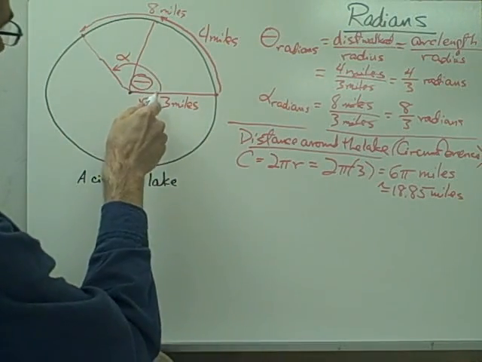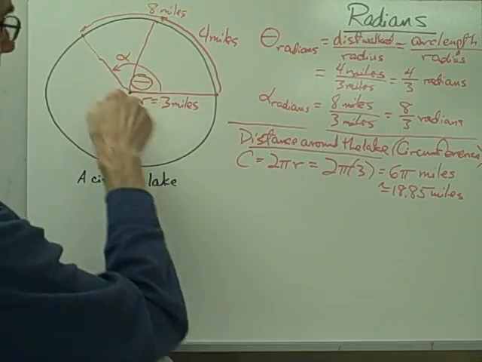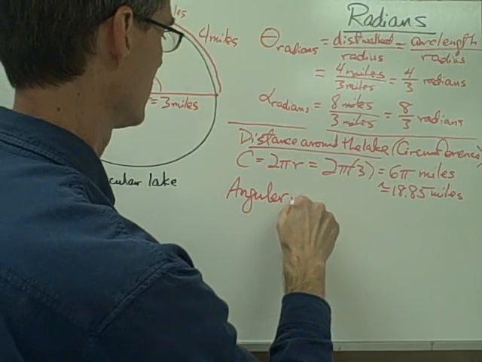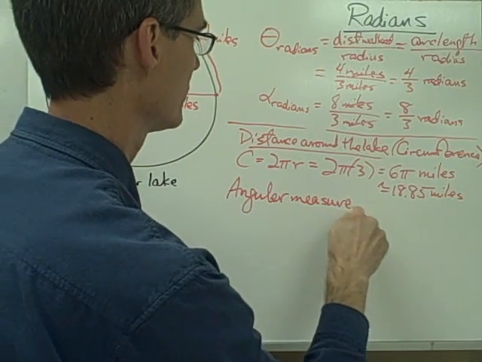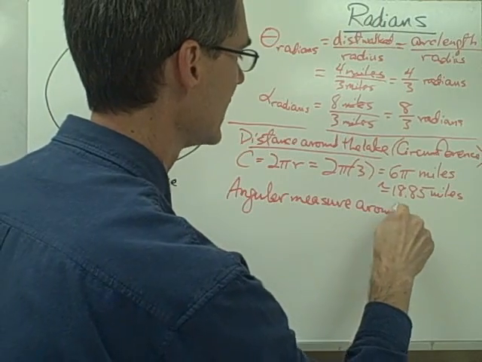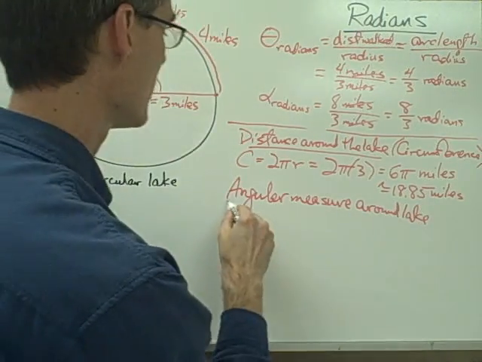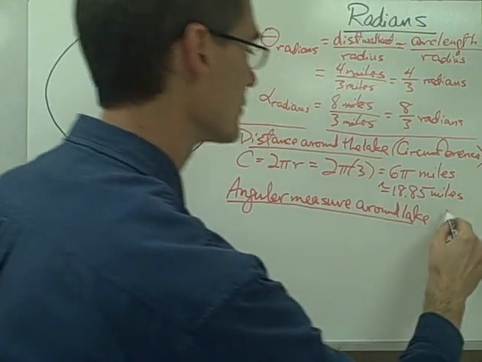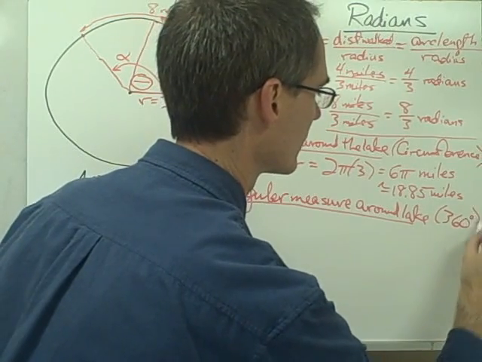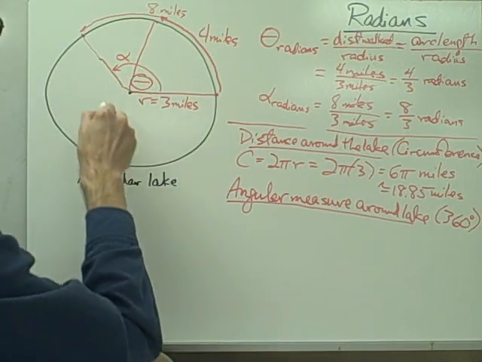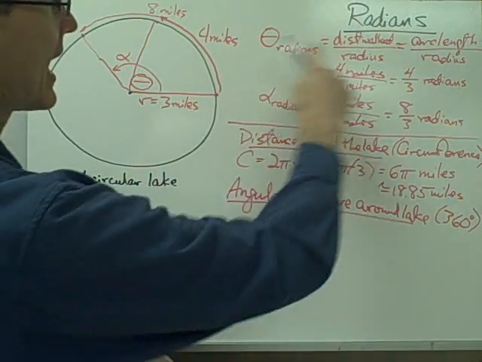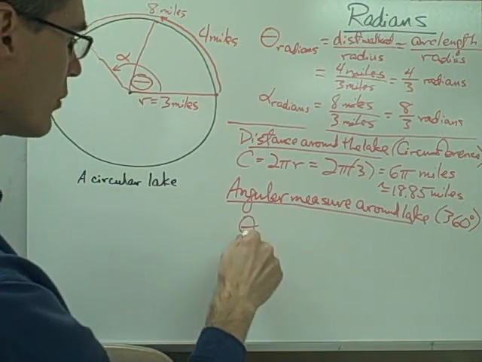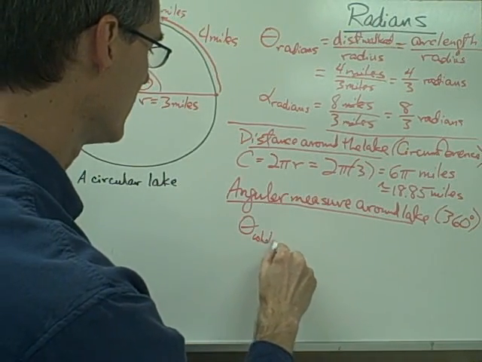Now, if I wanted to measure the angular measure around the whole lake, well, if I was going to measure this in degrees, that would be easy. I would know all the way around the circle, that's 360 degrees, right? Well, if I wanted to know that angle measure in radians, I have a formula that I can use to calculate the measure of an angle. If I go all the way around the lake, let's call this theta around the whole lake.